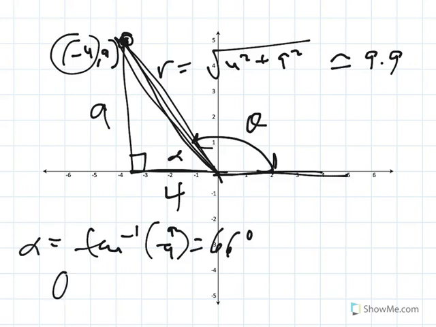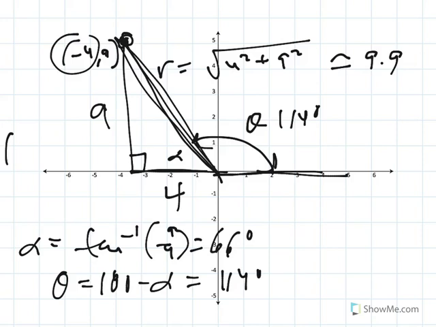And theta is 180 minus alpha, which is 114 degrees. So this negative 4, 9 could also be written as 9.9 cosine 114, comma 9.9 sine 114.